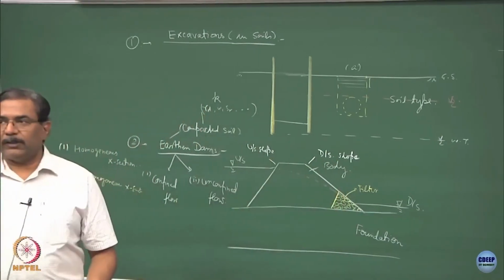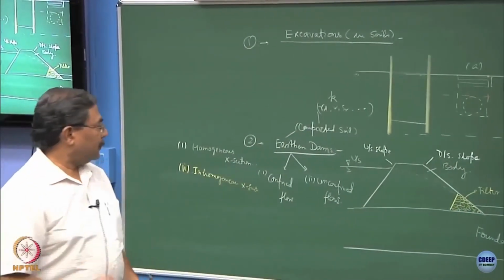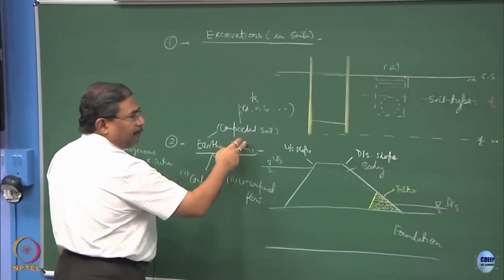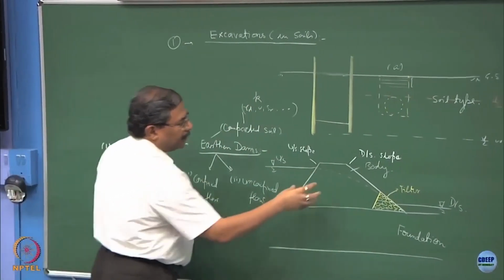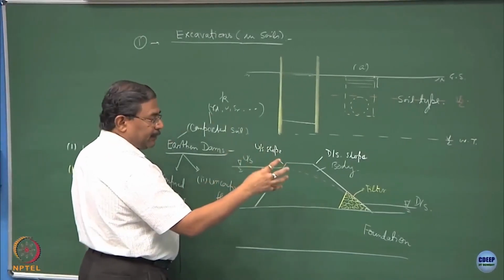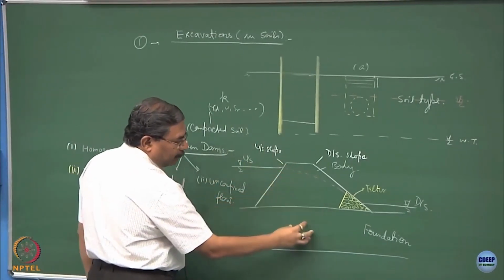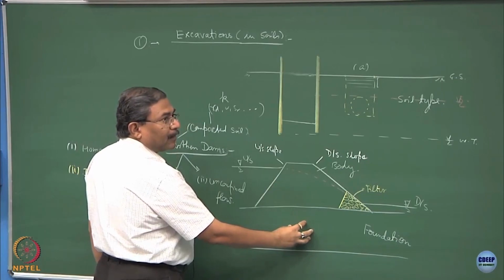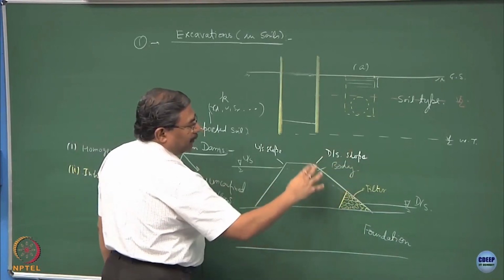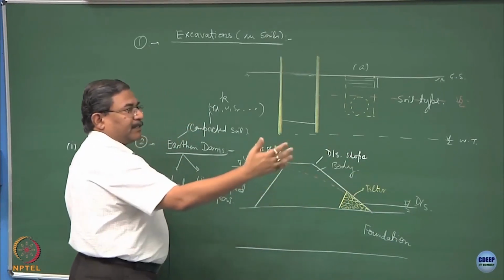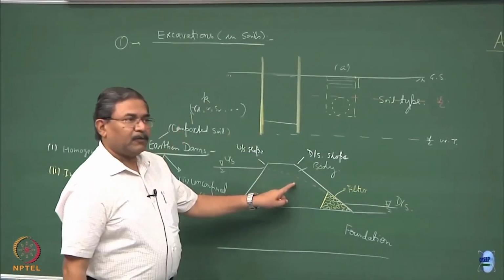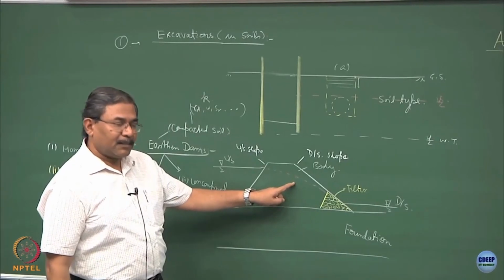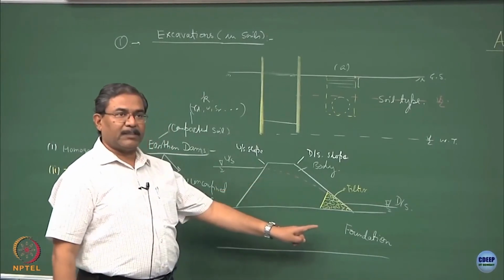So, I have created 4 situations out of it. Starting from earthen dam, we know the compaction state. First thing we have done is, we have defined the domain of seepage, that is the body of the dam as well as the foundation system. Clear? The moment I replace the body of the dam with, let us say, RCC, concrete dam, seepage is not going to take place through concrete, and hence the seepage is going to take place only through the foundation system.